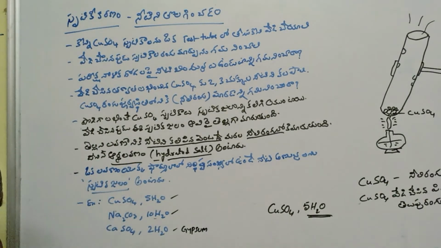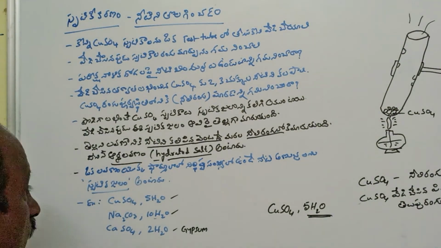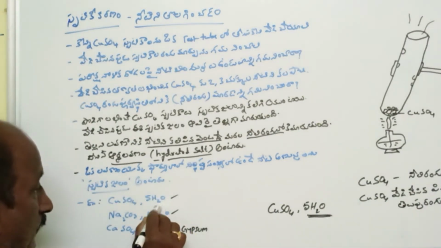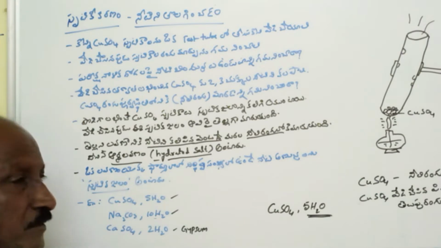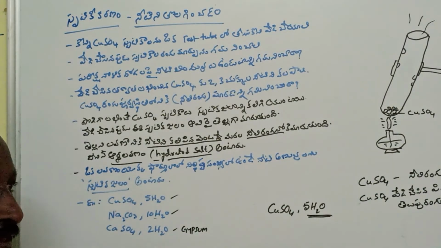If any salt has water molecules present in it, these salts are said to be a little bit wet instead of dry. It's because of the water molecules present in the salt itself.